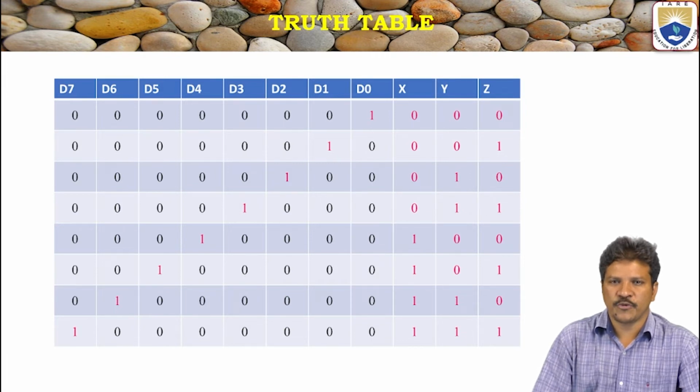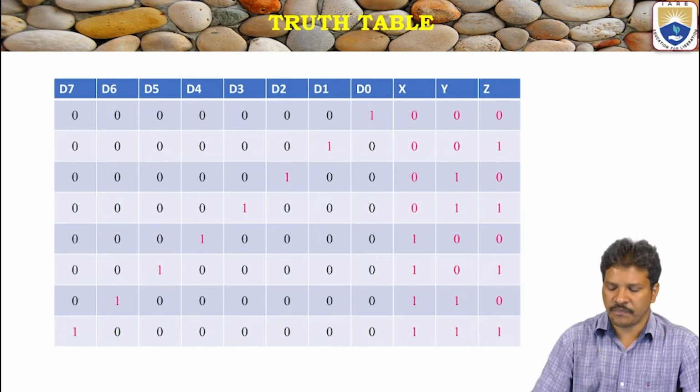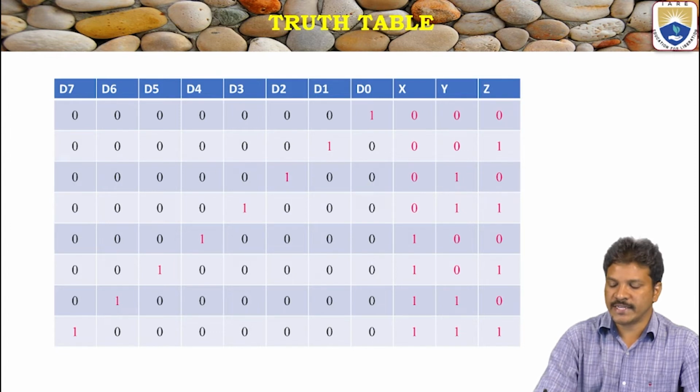While preparing the truth table, we need to take the number of inputs and number of outputs. And also, if you want to make this kind of combinational circuit, we have to follow design steps.